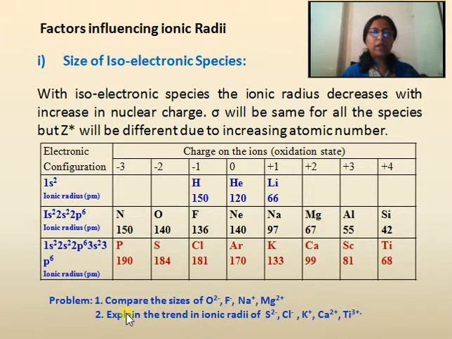In the problem they ask you to compare the sizes of O2 minus, F minus, Na plus, Mg2 plus, or explain the trend in ionic radii of S2 minus, Cl minus, K plus, Ca2 plus and titanium 3 plus.